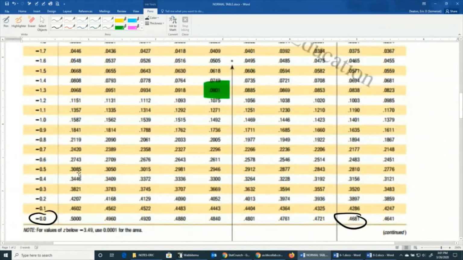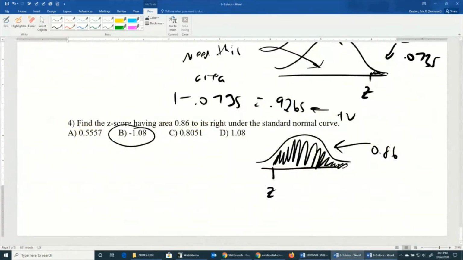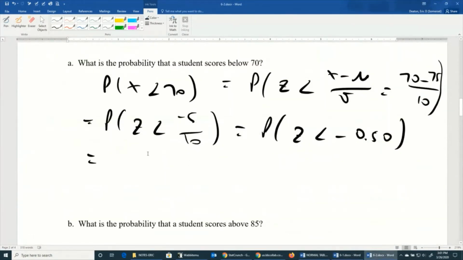Negative 0.50 is 0.3085. 0.3085 is the table value. You need to ask yourself, is that the answer to the question? And the answer is yes, it is, because less than is the table value, because table values give you the area to the left. So the probability is 0.3085.